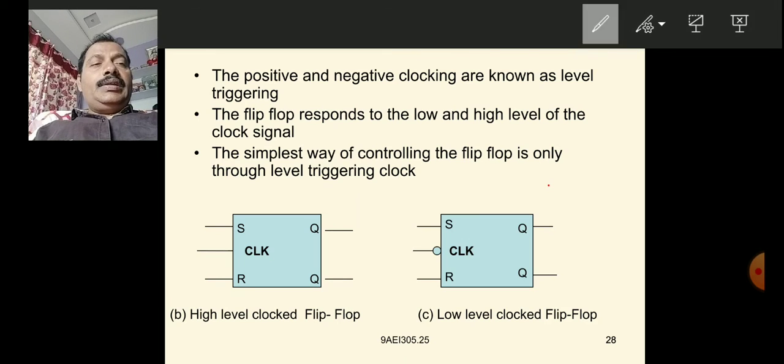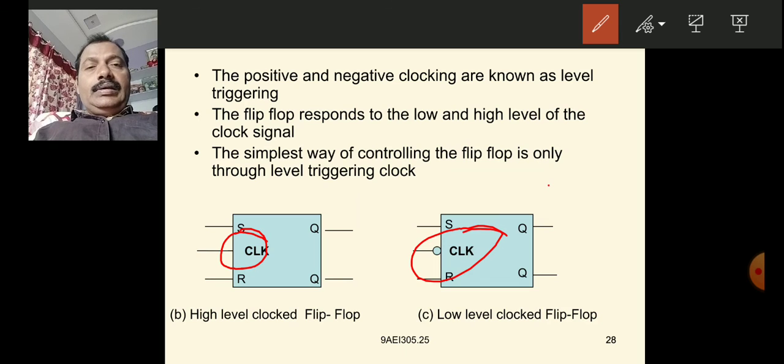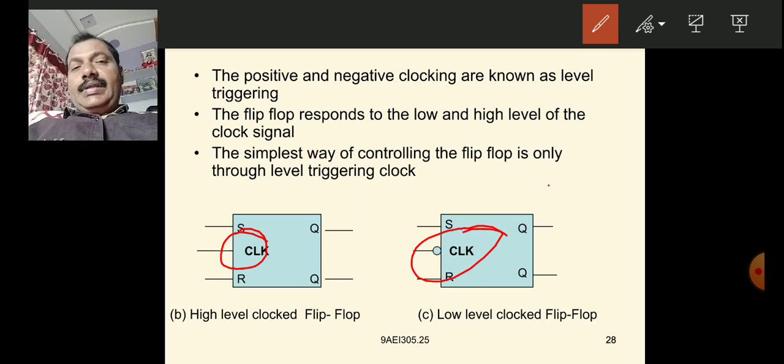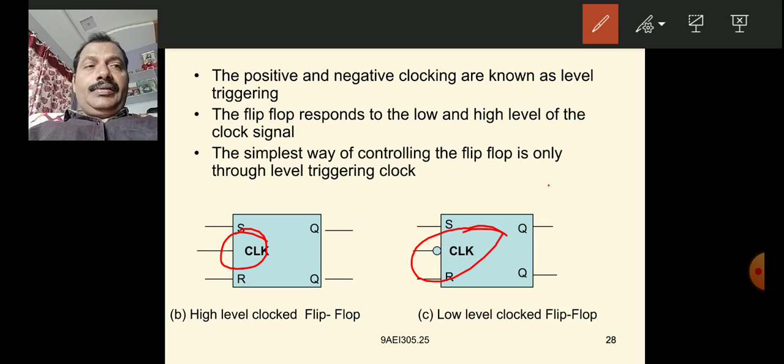If you observe, there are no arrow marks in both cases, which means they are not edge triggering, they are level triggering only. A bubble indicates low level, no bubble means high level. That is a symbolic representation you have to remember.